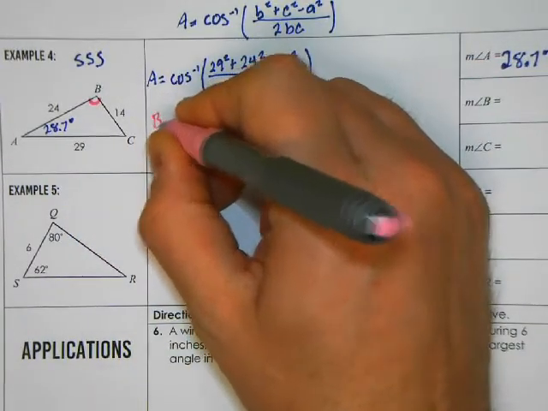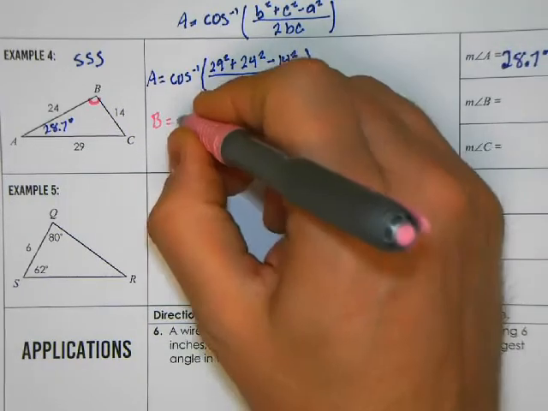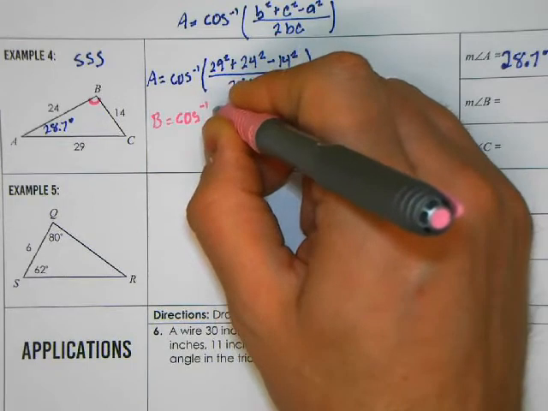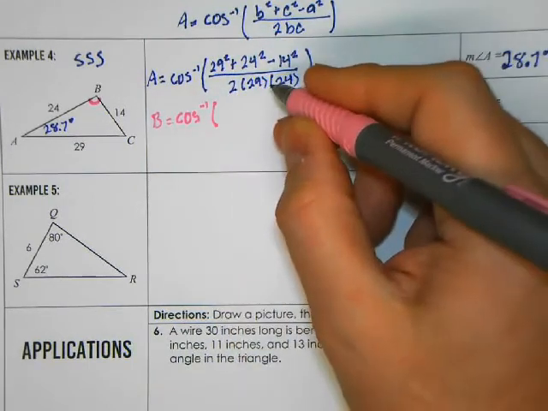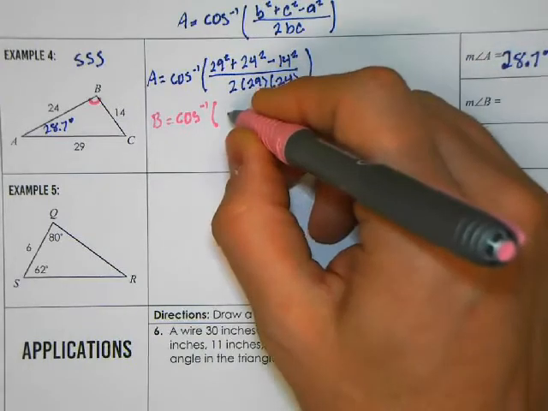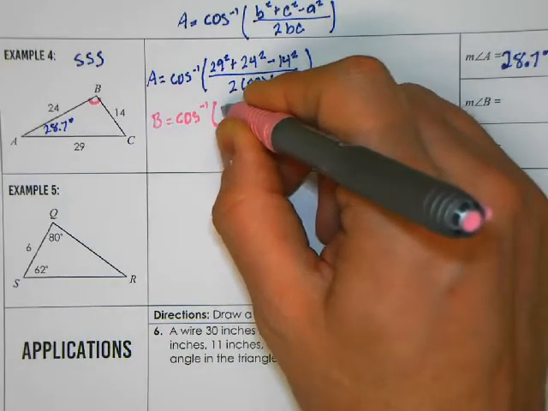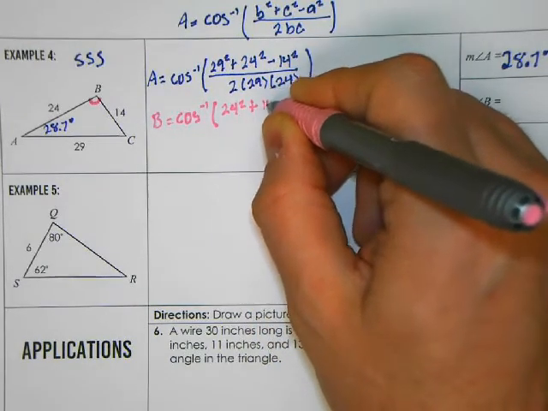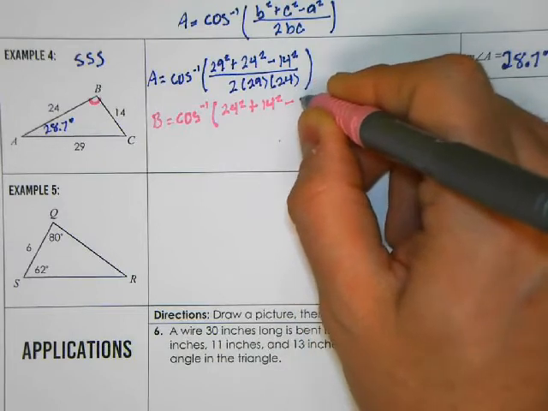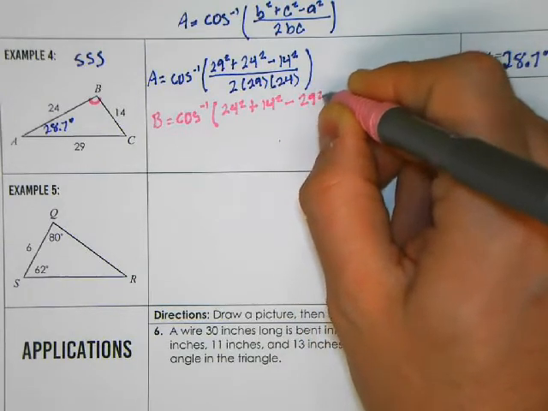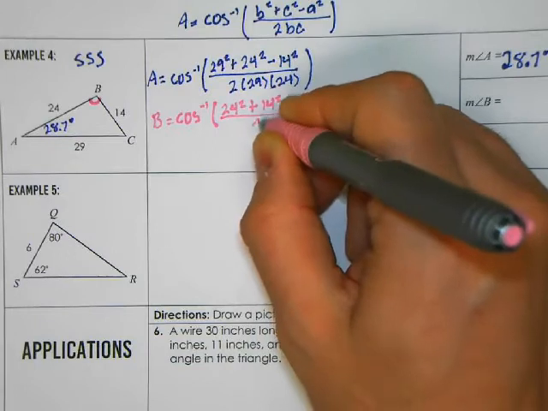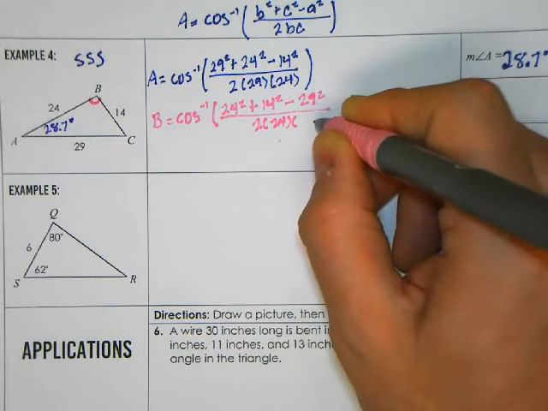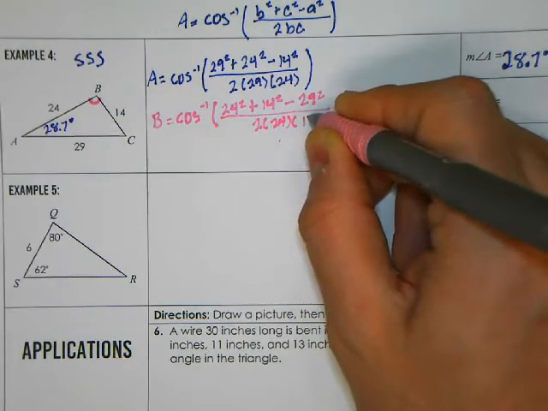So here B will be equal to the inverse cosine, and in this case it's going to be the 24 squared plus the 14 squared minus the 29 squared over 2 times 24 times 14.